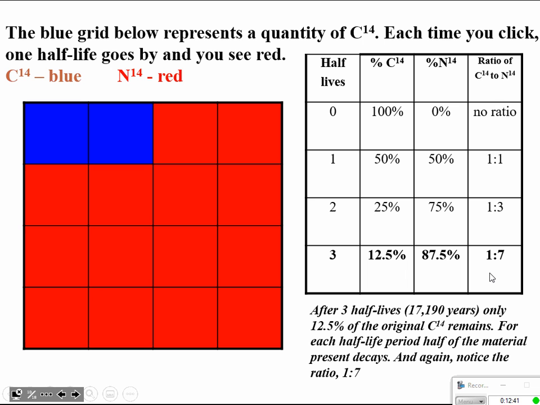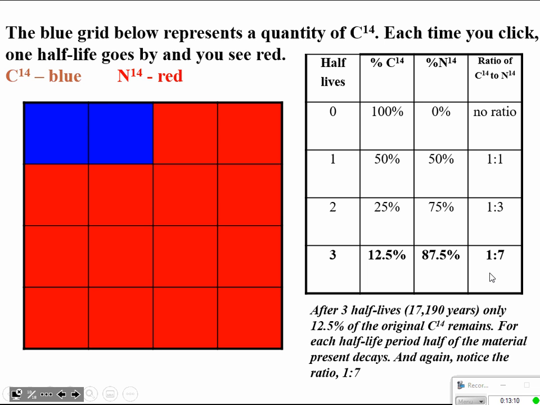nitrogen-14s. Once again, to determine the number of years that went by, 3 half-lives, so I take 5,730, multiply that by 3, and that gives me 17,190 years. So after that many years, only 12.5% of the original carbon-14 remains.